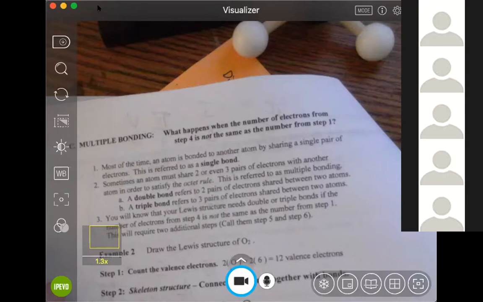Sometimes an atom must share 2 or even 3 pairs of electrons to satisfy the octet rule. This is called a double bond, or a triple bond if it's sharing 3 pairs of electrons. Remember, every line means 2 electrons, and they are done in pairs. You'll know that the Lewis structure needs double or triple bonds if you run out of electrons.